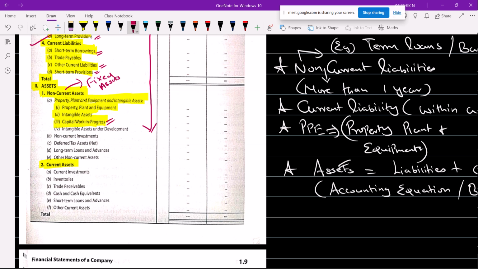The next one, if you see, is intangible assets under development. So if suppose any development work is going on, like research and development, R&D, you will be having a team called the research and development R&D team. So R&D is nothing but research and development.